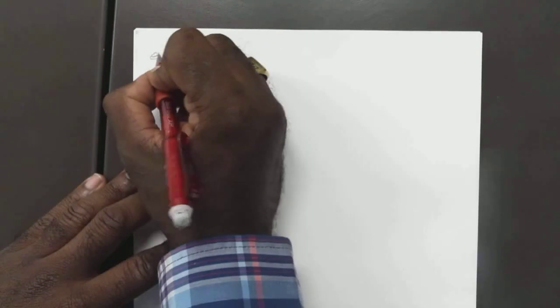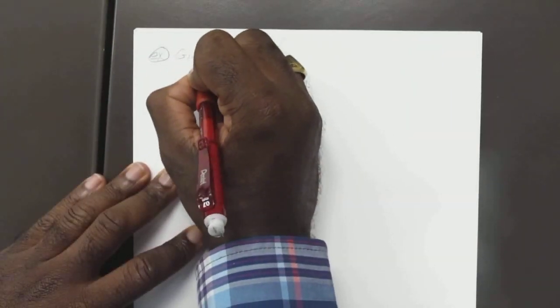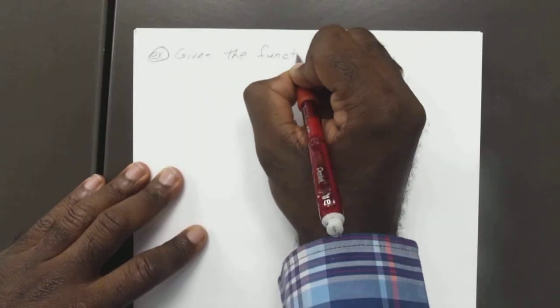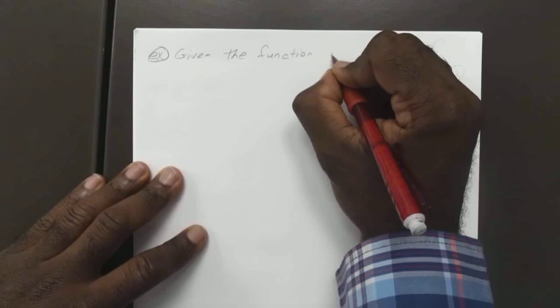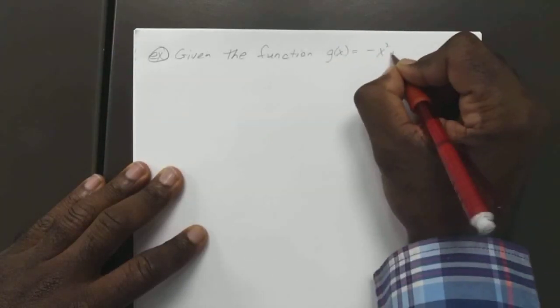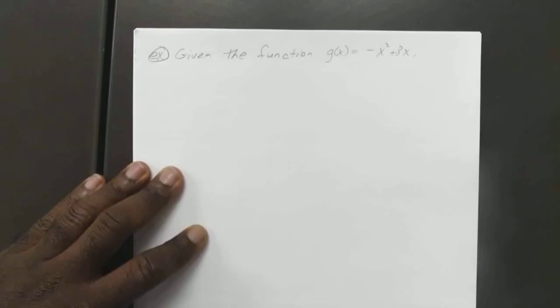Okay, so let's say for the next example, we're given the function g of x equals negative x squared plus 3x.